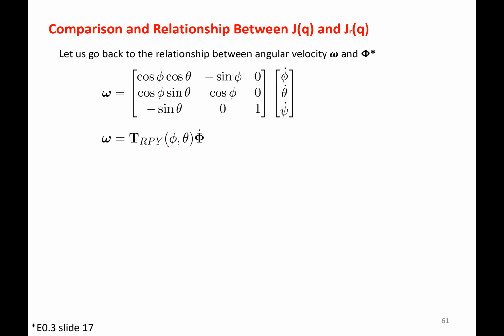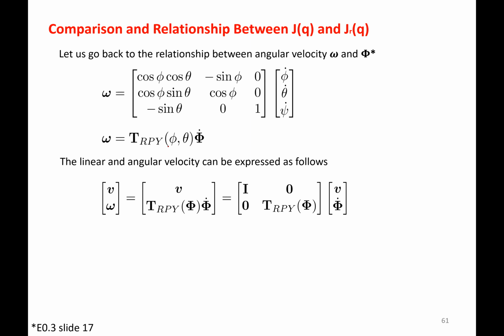I'm doubting because some people define roll, pitch, yaw, and others define yaw, pitch, roll. In this case, I think we did roll, pitch, yaw, so the first two are roll and pitch, and it only depends on those two angles. And if we look at the expression of the Cartesian workspace velocities, which are these ones, the linear velocity and the angular velocity, we can actually get a transformation to the task space velocities.